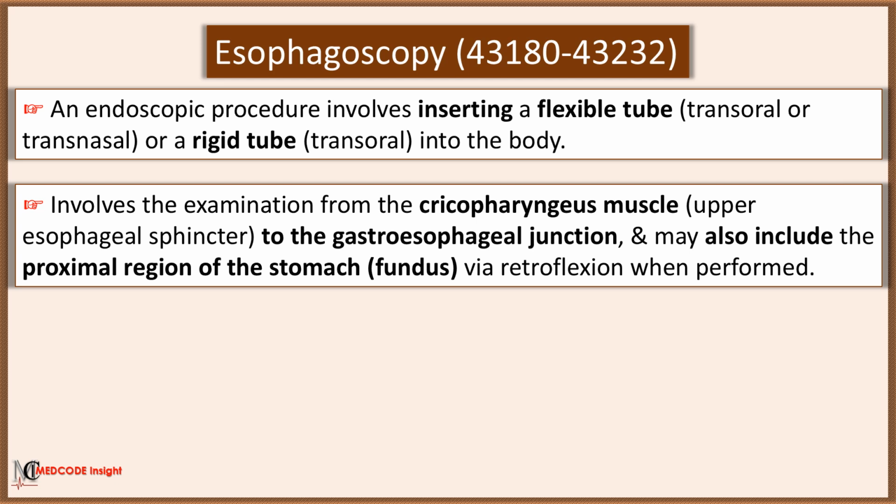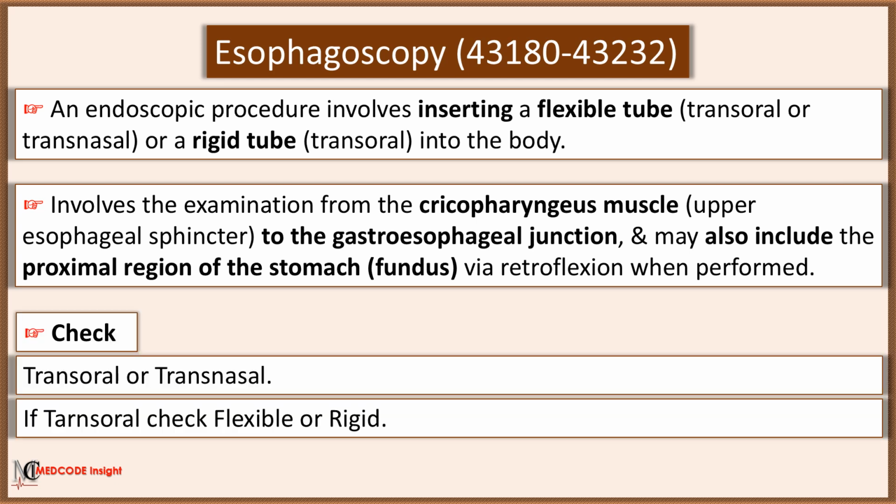It may also include the examination of the proximal region of the stomach, also known as the fundus, via retroflexion when performed. When choosing the correct code for an esophagoscopy, always first check whether it is transoral or transnasal. If it is transoral, select the code based on whether it is a flexible or a rigid tube.